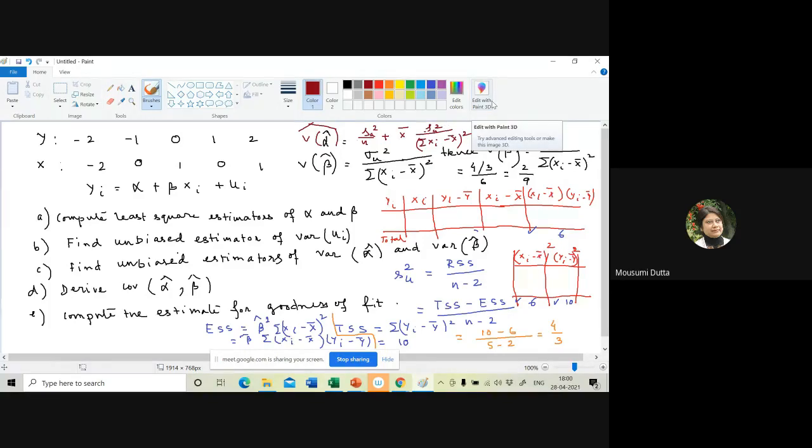So the second part is not appearing here. Then we have Su square into 1 by n. N is 5 and Su square is already 4 by 3, so it will be 4 by 15. Yes, ma'am, I made a mistake, because here x bar is 0.